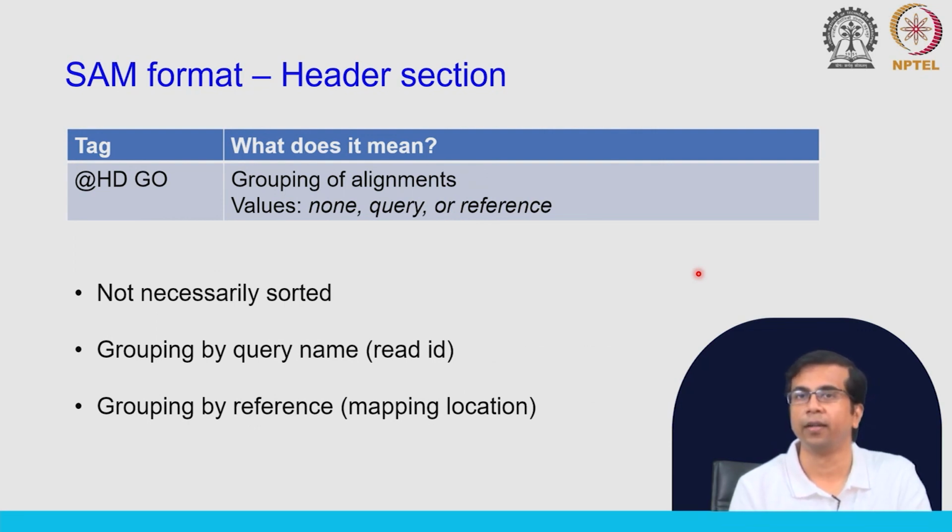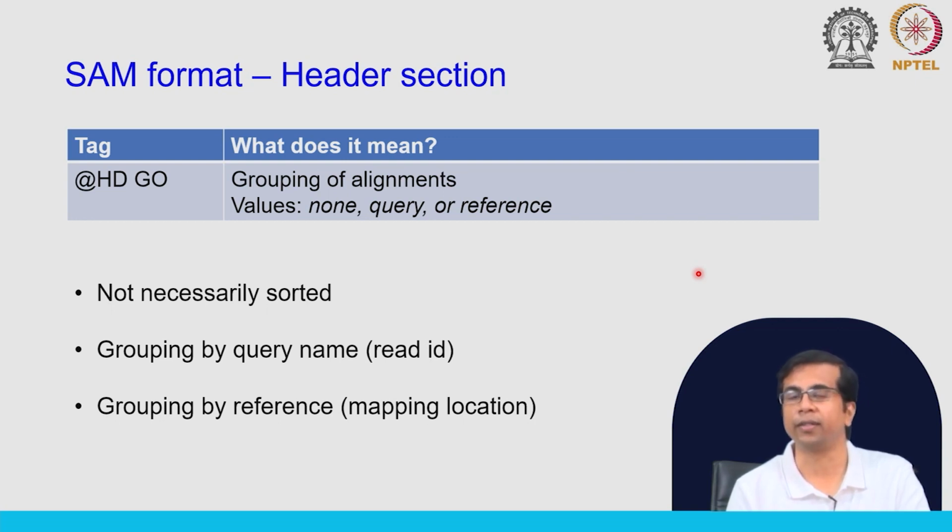So, you have @HD SO, then you also have @HD GO, which means how the alignments are grouped. Again, you can be specific. You can have grouping by none, where there is no grouping of alignments. The alignments can be grouped by query name, where the query is the name of the read, and you can also have grouping by the reference.